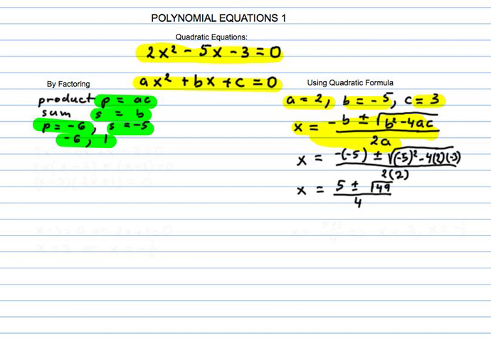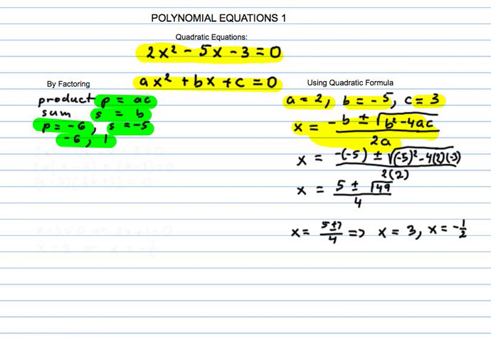So this is why you have -5 in brackets, -5 times -1, because it's -b plus or minus, and we substitute for b, for a and c, and right away you see that you have two real roots here, and the square root of 49 is an easy number for us to calculate. Moving down, you will see that I have one root when x is equal to 3, and the second when x is equal to negative 1 over 2.